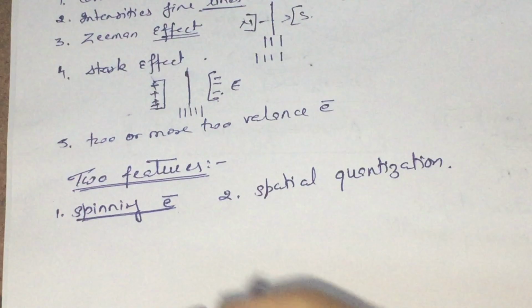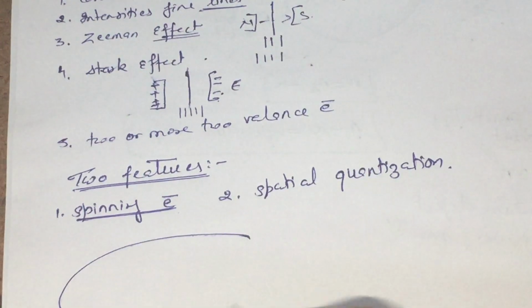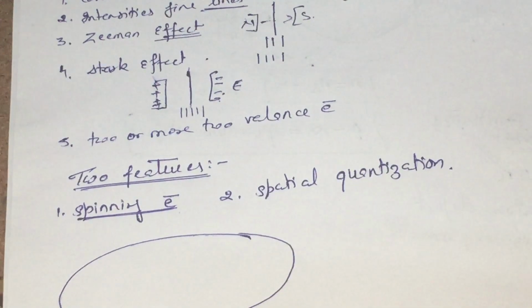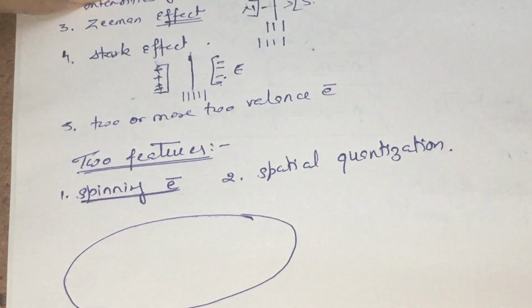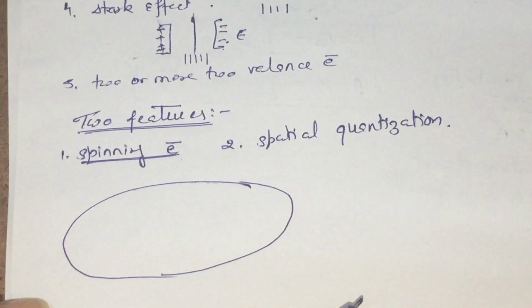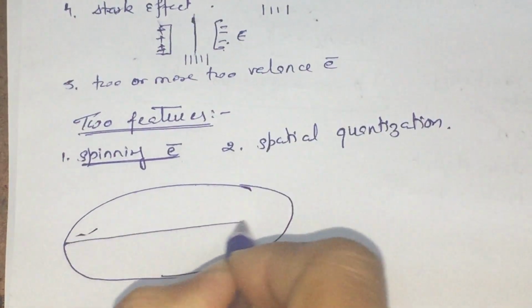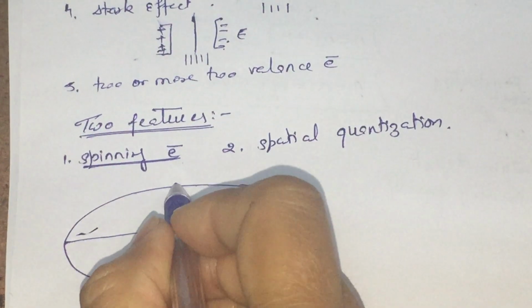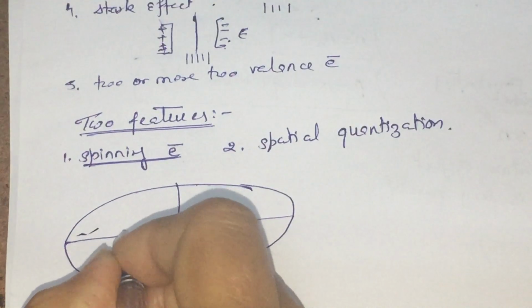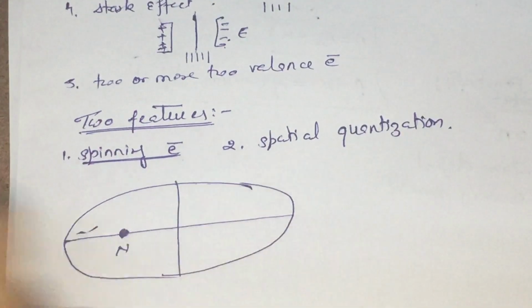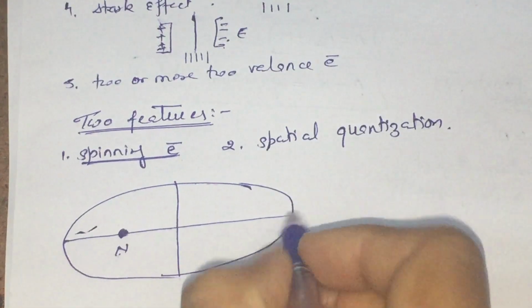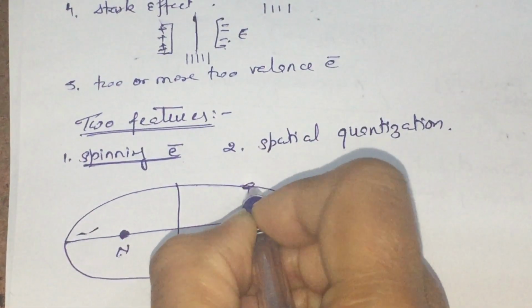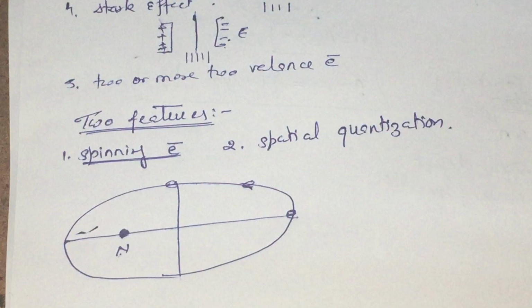Sommerfeld assumed that the electrons are moving in an elliptical path and the nucleus is situated at one of the foci. Let us consider this is our major axis, this is our minor axis, and this is the focus where the nucleus is represented and the electron is moving in this orbital path.